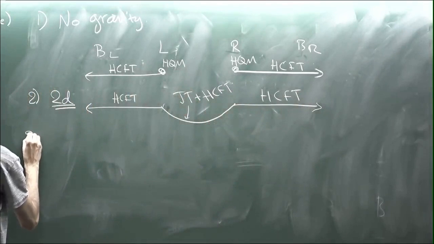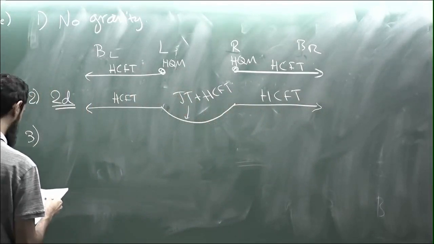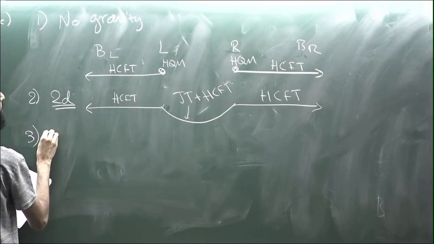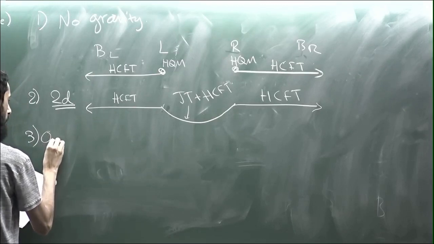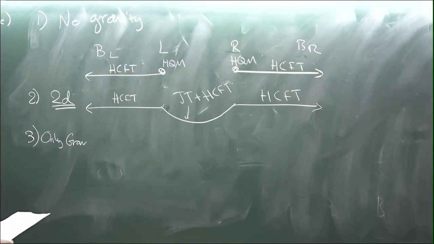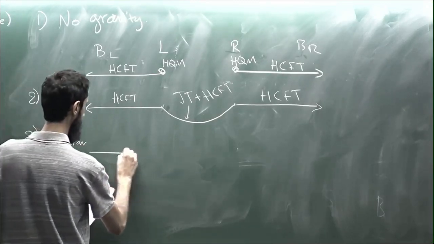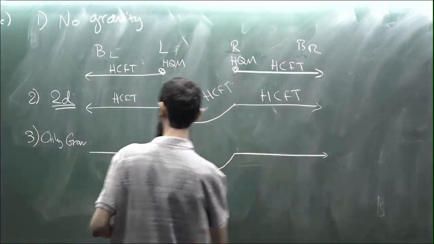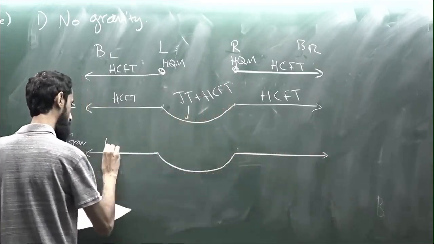And then there's the third perspective, which is the purely gravitational description. So only gravity. Okay? So here in this case, again, you draw a picture like this, where you should think of this as a UV brane.